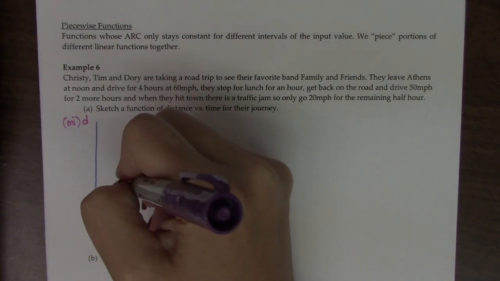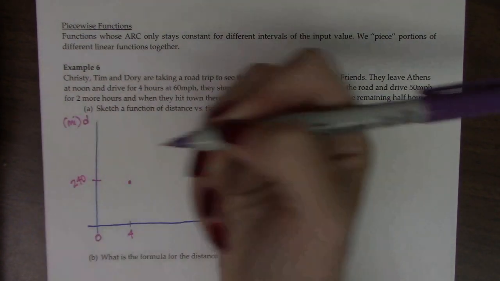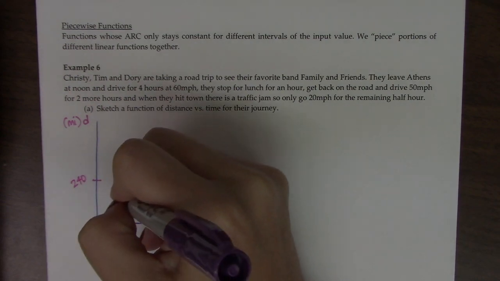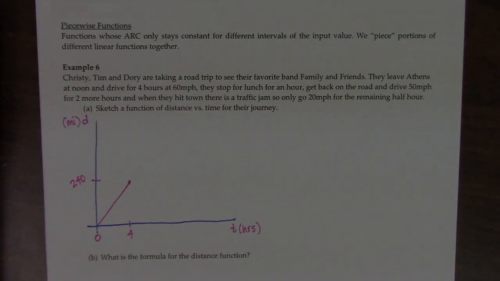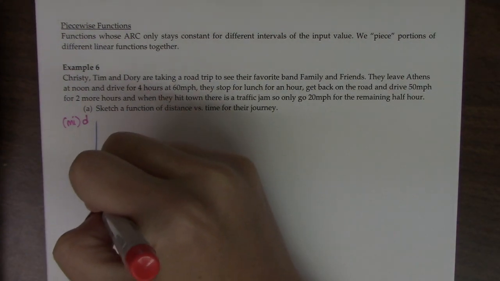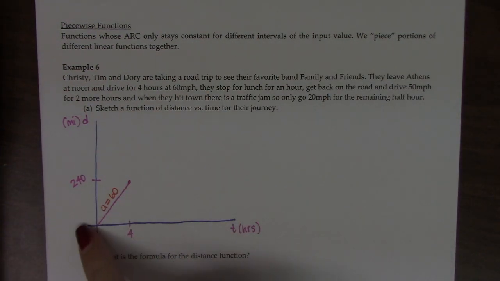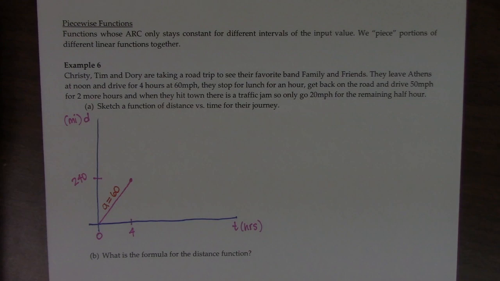So up here at 4, we've gone 240 miles. So when we connect these two points, we can see that the slope of this line is going to be 60, so 240 over 4 across. Remember, the speed, or the rate of change, is our slope.